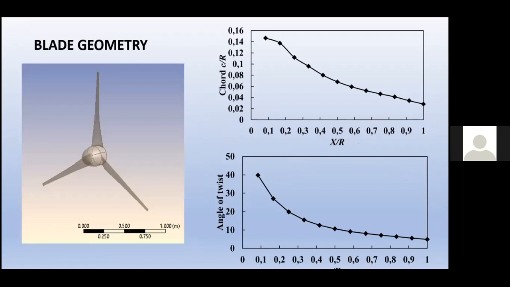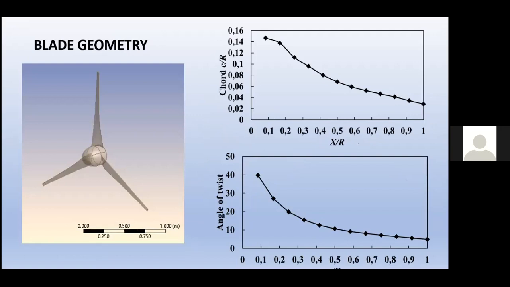Moving on, I must say that from these obtained airfoils called RISE and MET, the calculation of the values for the chord and pitch angle along the blade is performed.